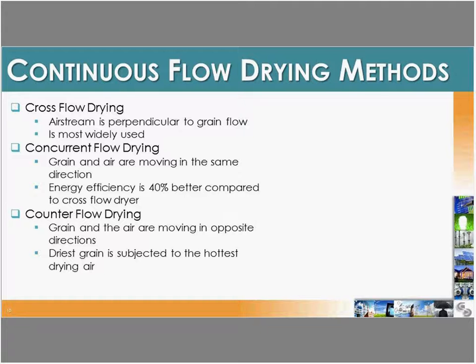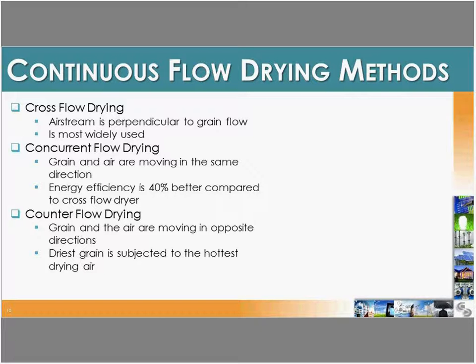The continuous flow drying methods, again, we're looking at this as in the direction of the airflow. The cross flow, where the airstream is perpendicular to the grain flow, is pretty much the most widely used. We're here in Wisconsin, and I'm pretty sure pretty much everywhere.